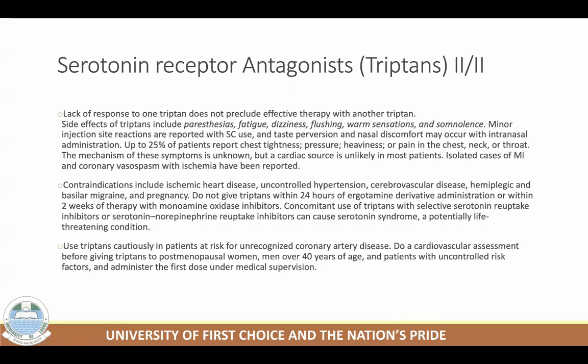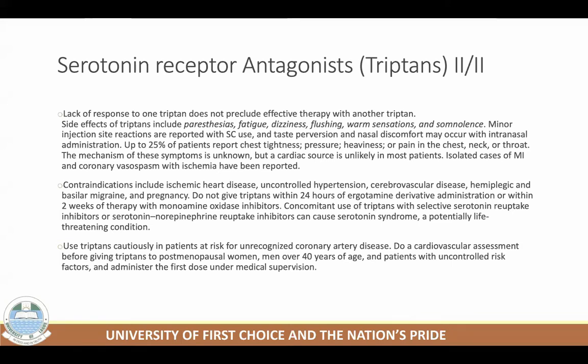The mechanism of these symptoms is unknown, but a cardiac source is likely. This is for some patients who do not tolerate sumatriptan. When we say they don't tolerate sumatriptan, it means that when they use it at therapeutic doses, they experience chest tightness, pressure, heaviness, or pain in the chest, neck, or throat. And some people may actually feel like they are choking.